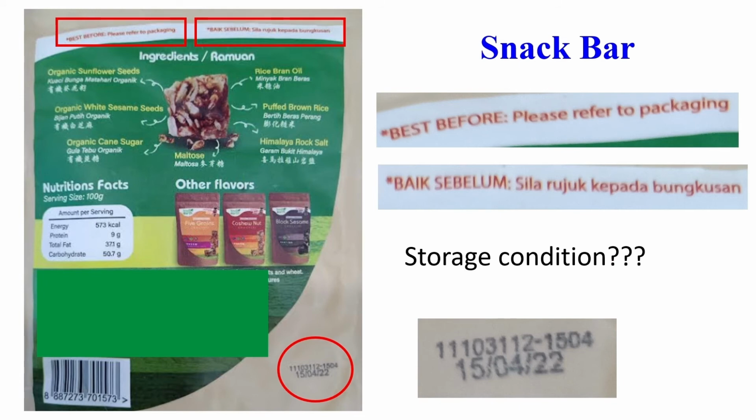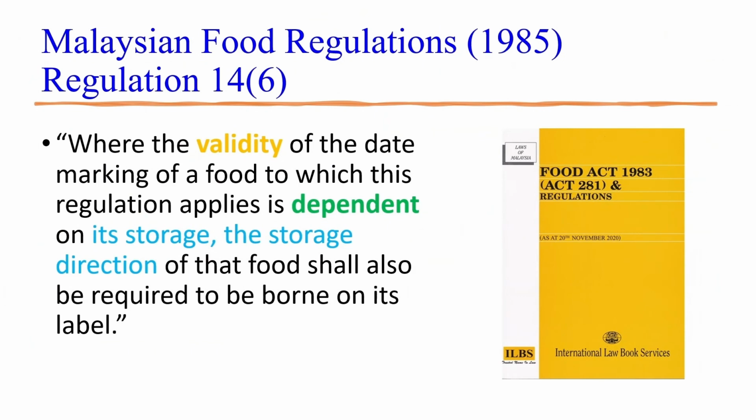What is said in the Malaysian Food Regulations? The Malaysian Food Regulations 1985, regulation 14.6, states that where the validity of the date marking of a food to which this regulation applies is dependent on its storage, the storage direction of that food shall also be required to be borne on its label.